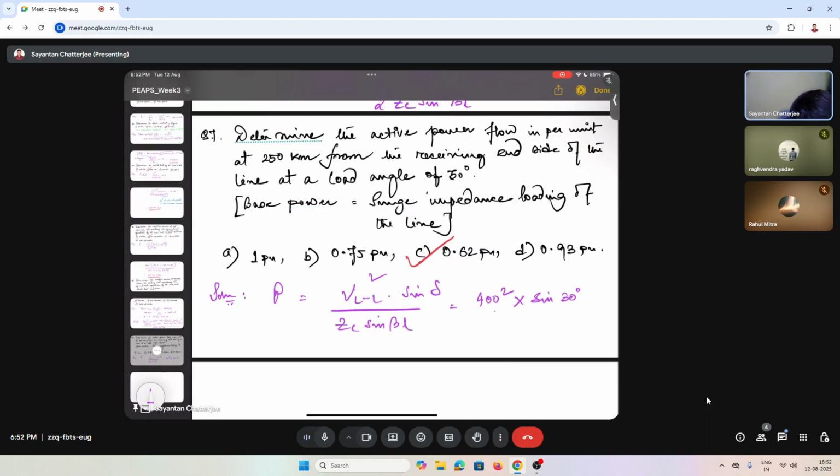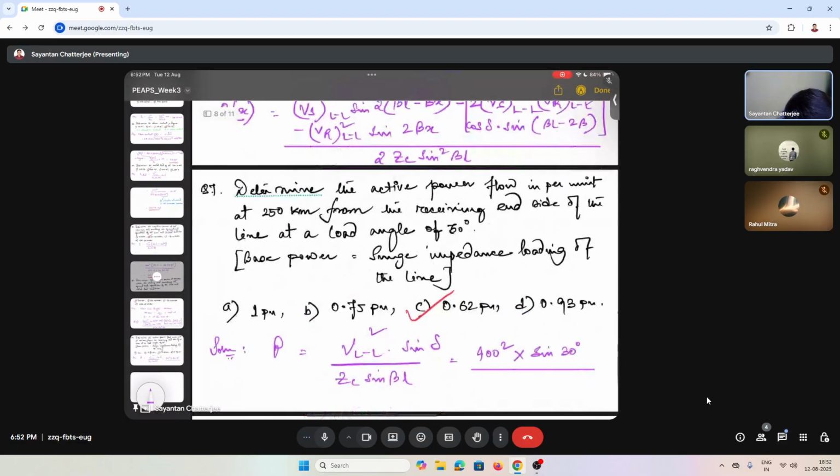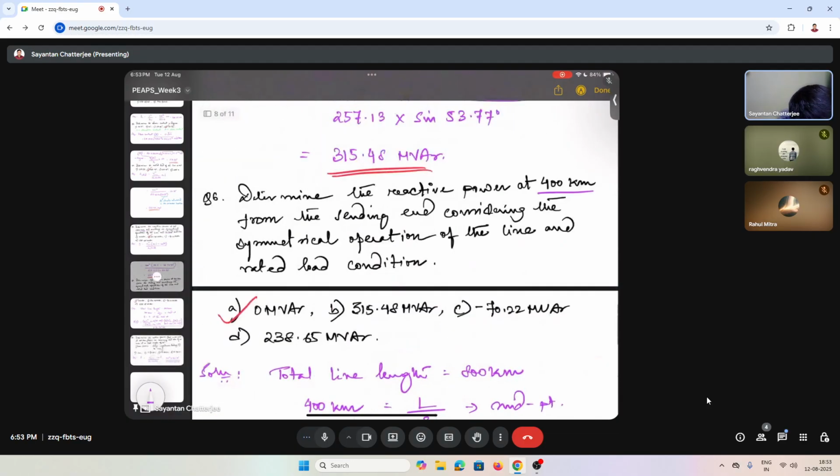And here is the ZC value, 257.1, and sin beta L is 2.77.